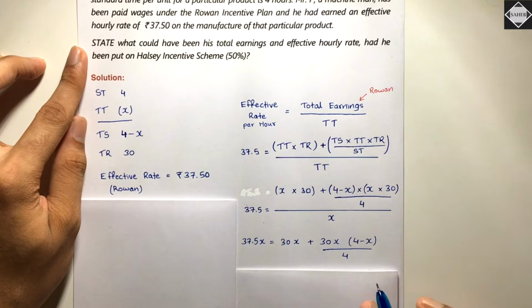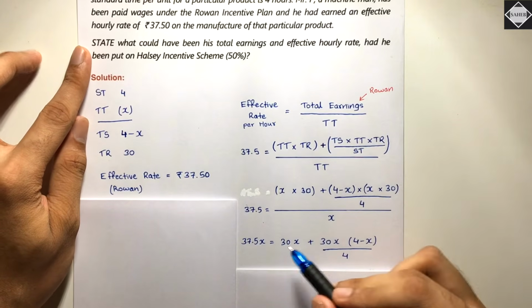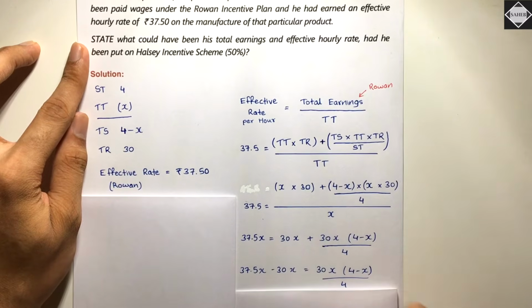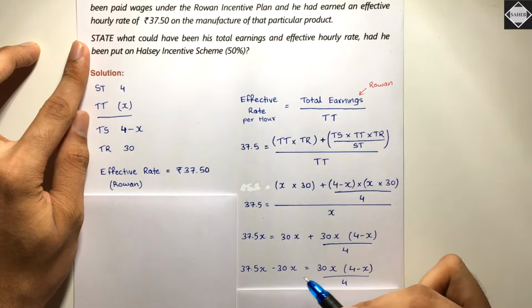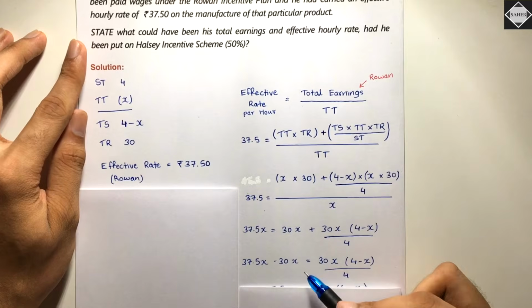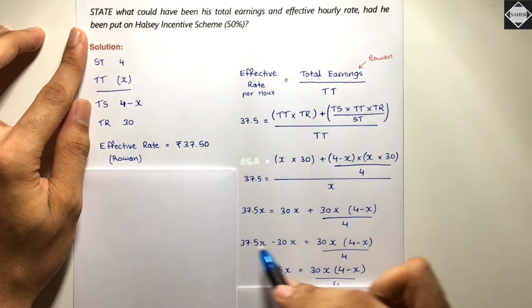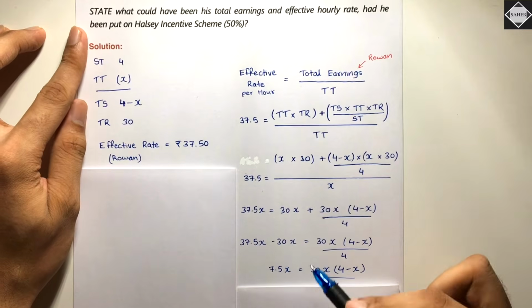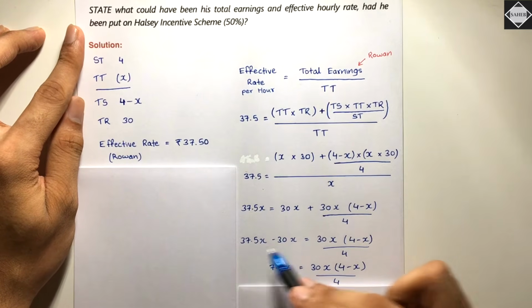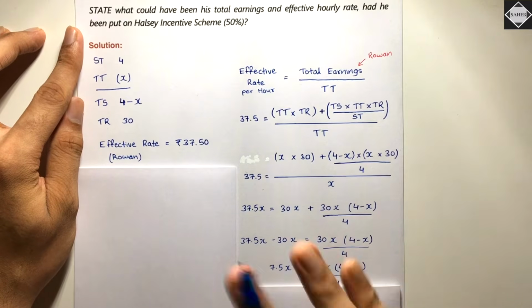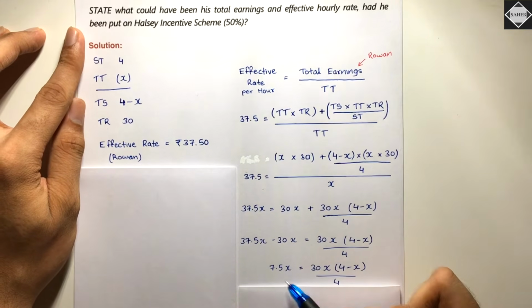Then we can send this 30x over there and it will become minus: 37.5x minus 30x. After subtracting 37.5x minus 30x, it's 7.5x. Both are like terms, 1x here and 1x there, so you can subtract to get 7.5x.